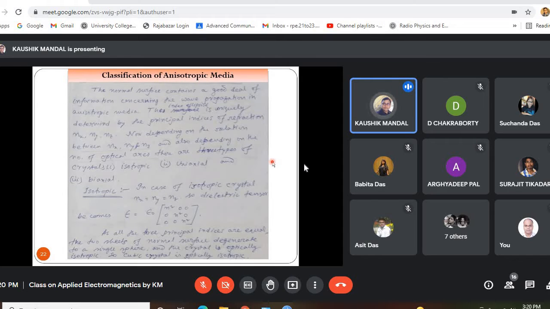Now we are familiar with two things about wave propagation in anisotropic media. Number one is the normal surface, second one is the index ellipsoid.